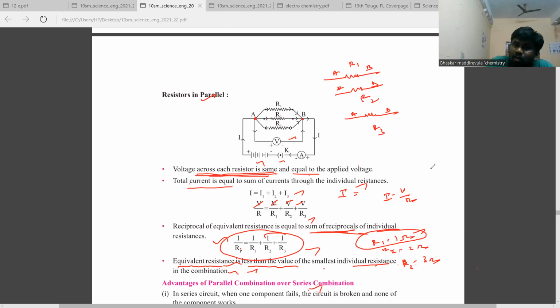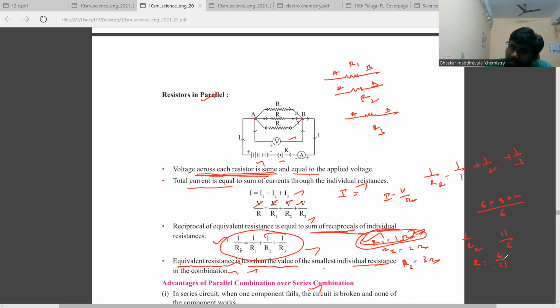I'll show it here. 1 by R equals 1 by 1 plus 1 by 2 plus 1 by 3. Its LCM is 6, so 6 plus 3 plus 2 is 11 by 6. This is the resultant reciprocal. If we reciprocate it, R equals 6 by 11.